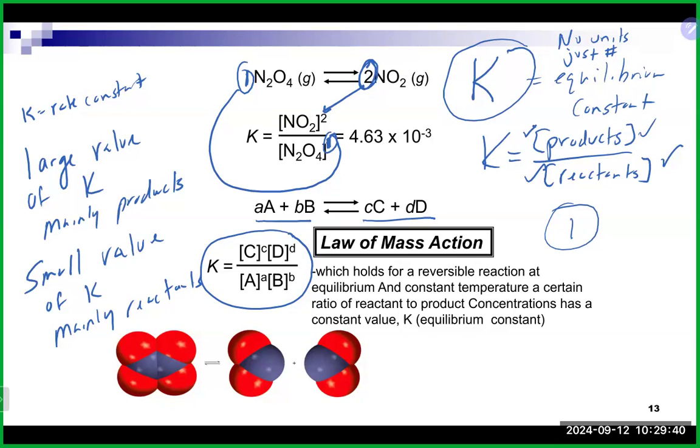By the way, when we do products over reactants, the little brackets mean concentration, and molarity is usually what we're talking about there. When you take the concentrations of the products over the reactants, that is sometimes referred to as Kc.